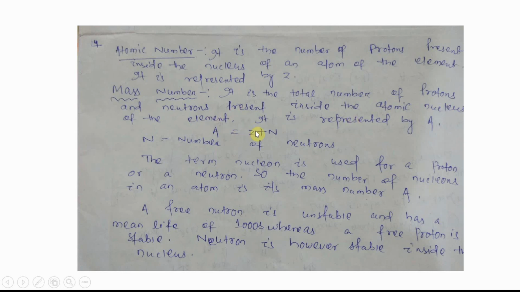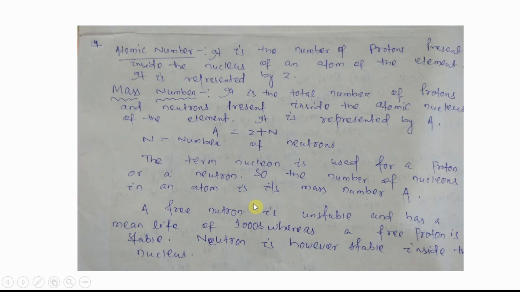Nucleons is nothing but the sum of the proton and neutron. So the atomic mass number A equals proton number plus neutron number, where N is the number of neutrons and Z is the number of protons. The term nucleon is used for proton or neutron. So the number of nucleons in an atom is its mass number A.